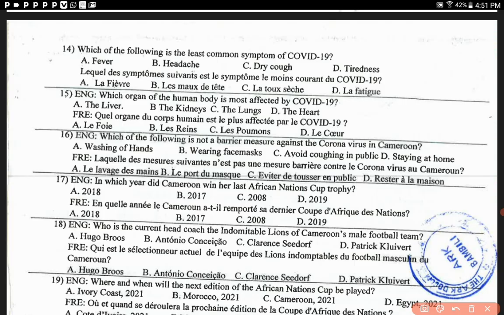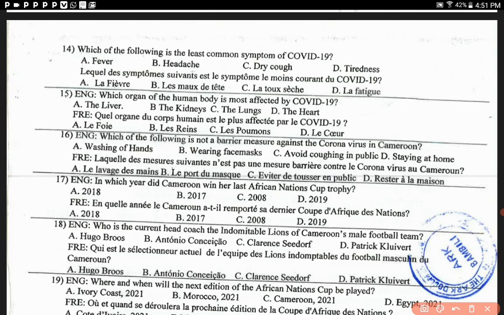I'll not explain too much here, because I think on the 18th of March 2020, when the virus was rampant, the Prime Minister, head of government, presented to the nation a list of barrier measures to curb the spread of COVID-19.